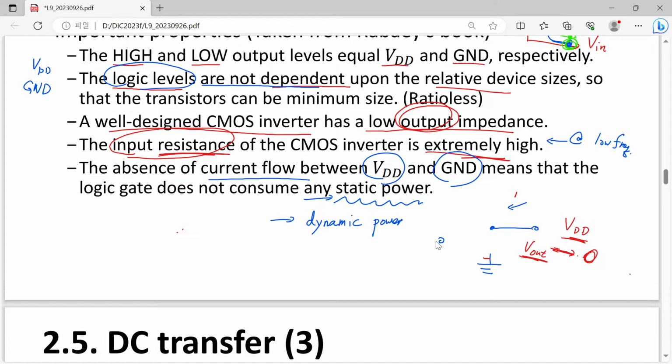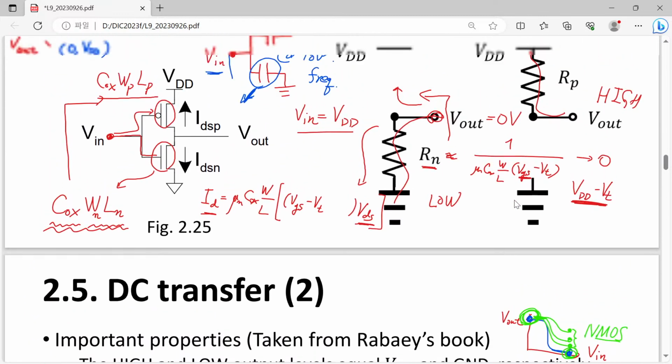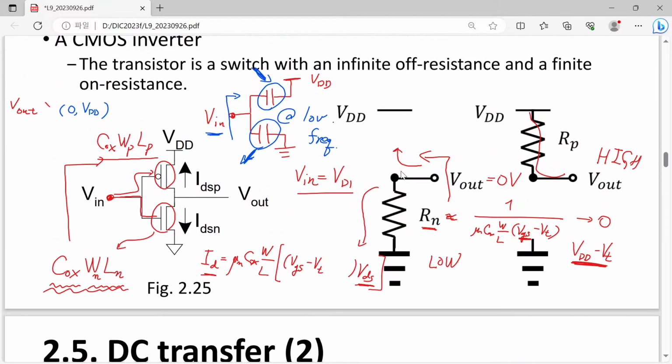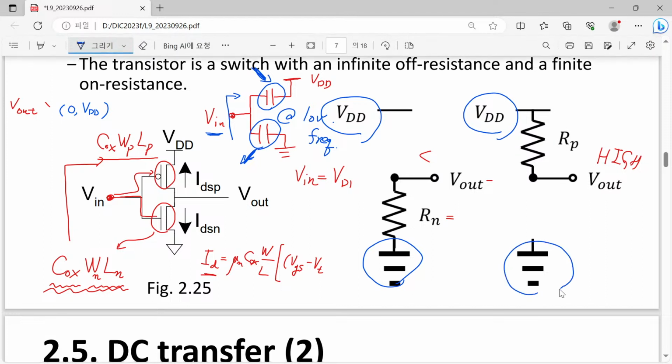So in the case of DC bias condition, in both cases, we have no direct connection between our VDD and ground. And please have a look once again at this output high case. Even in this output high case, we have no electrical connection between VDD and ground.